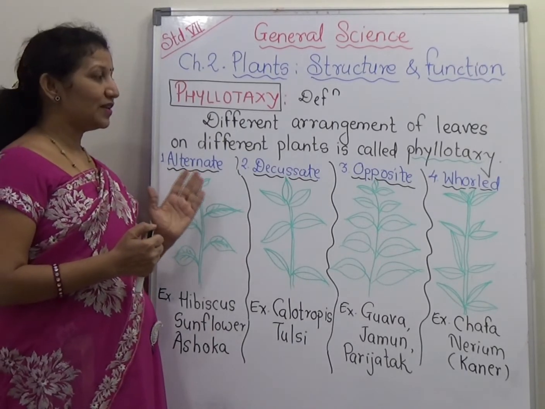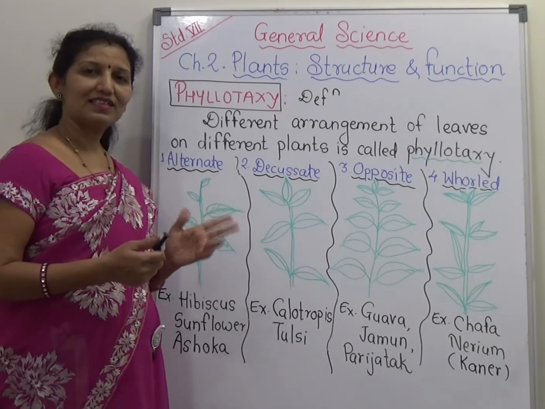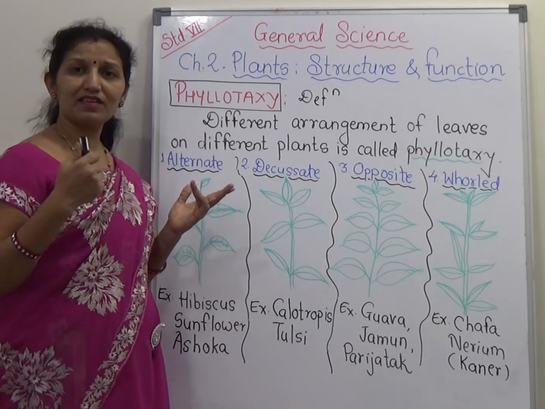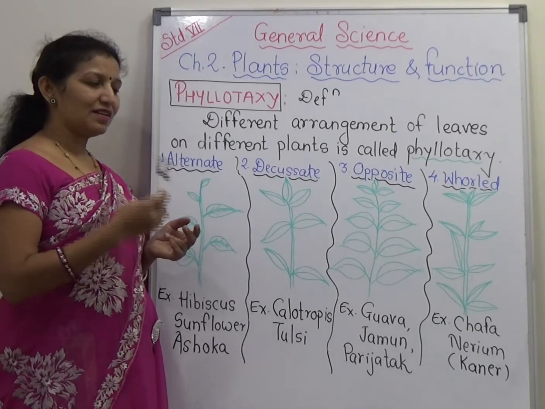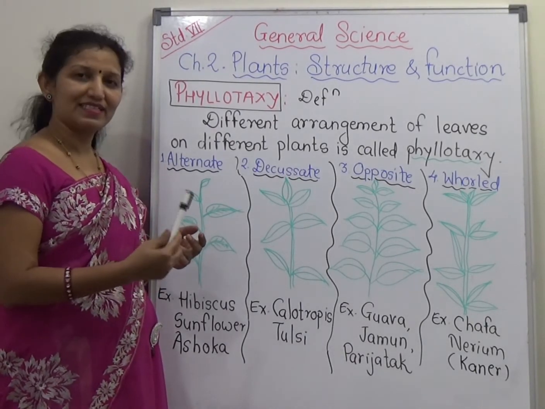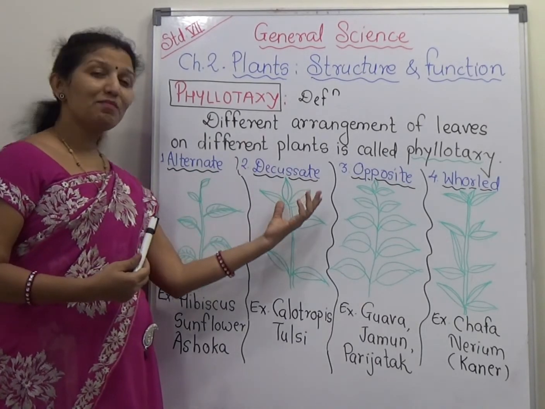And when you go to the garden, see the different types of plants, different types of phyllotaxis, different types of leaf margins, and you will be able to revise all these things with your friends by discussion. Also, you can speak with the plants.